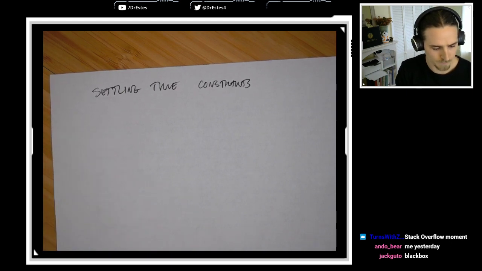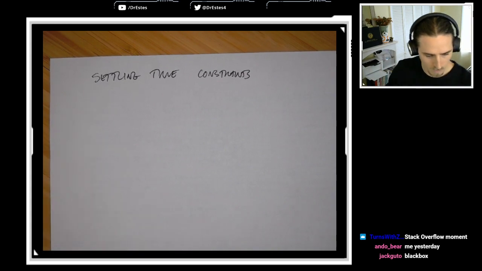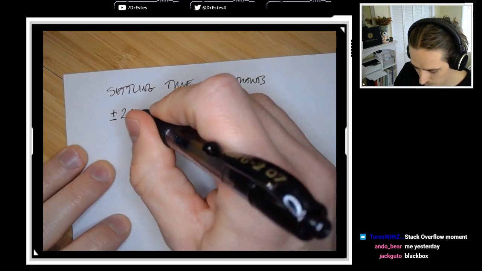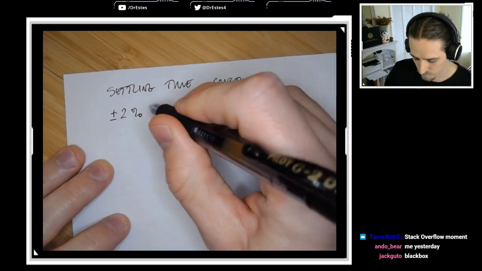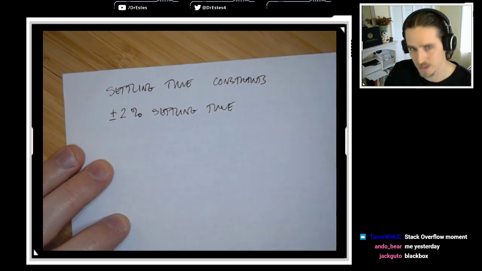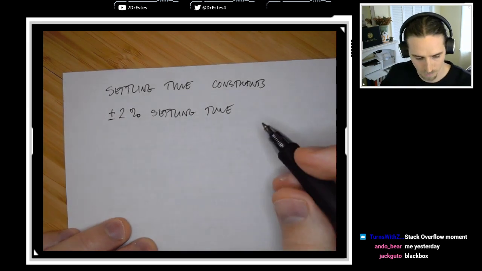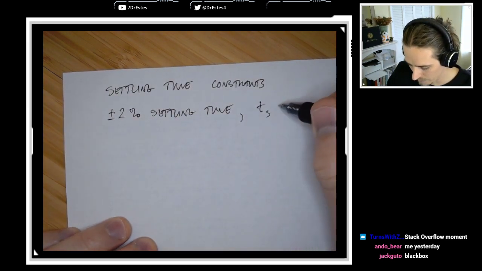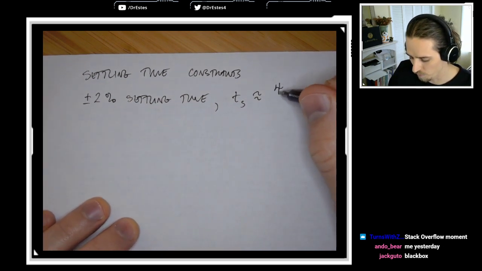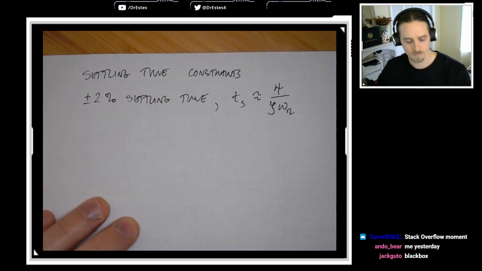Okay, so we have the plus or minus 2% settling time, the time it takes for the response to get within 2% of where it's finally going. This is a popular performance constraint. It has this approximate relationship. The settling time is approximately equal to 4 over the damping ratio times the natural frequency.